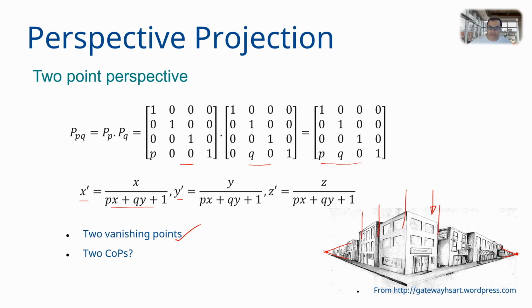However, will you also get two centers of projection? Is that physically possible? That the camera is in two places at the same time while taking the same image? That sounds a bit implausible, right? So where is the center of projection in this case? Think about it for a while. We'll come back to this question in a minute.